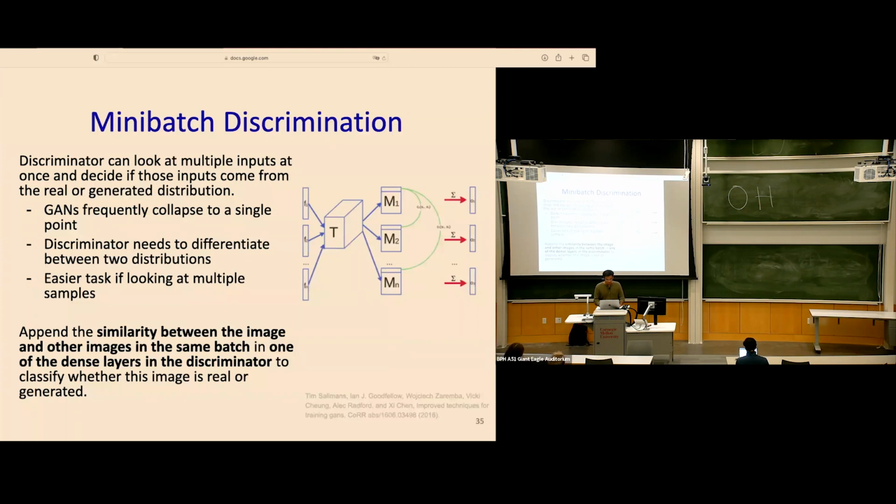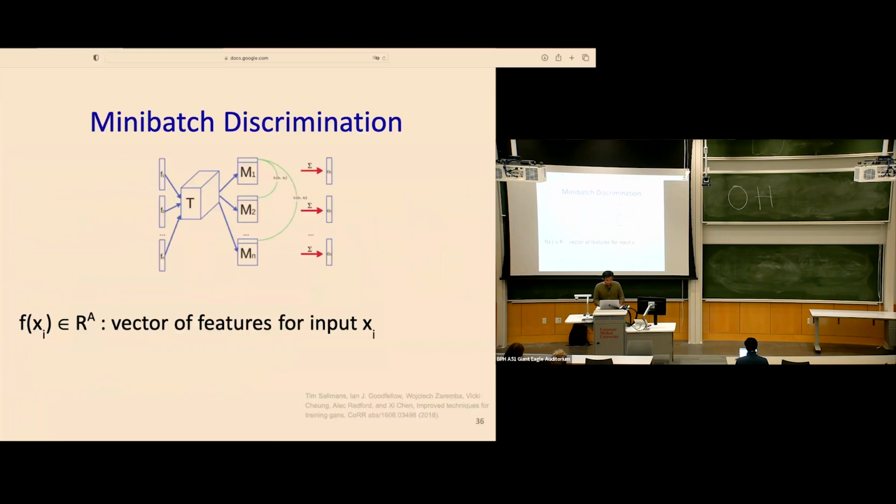So how we do this is shown in this figure. We get some feature embeddings from the input, and we apply a transformation over it and map it to a high dimensional space. And I think intuitively we do that to better calculate the distance. And after we get the matrices after the transformation, we calculate the pairwise distance with all of the samples in the mini batch. And we add them up to use as our similarity score, which is concatenated to the input feature embeddings.